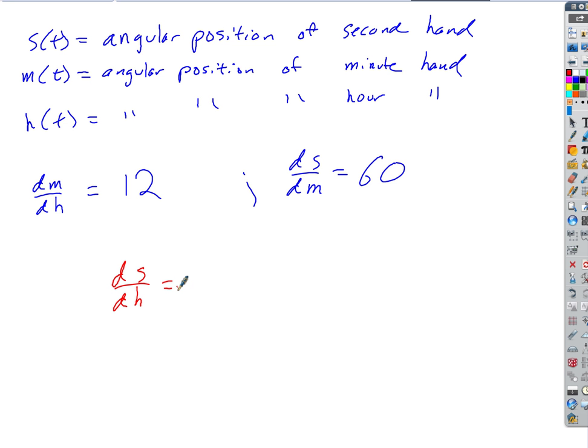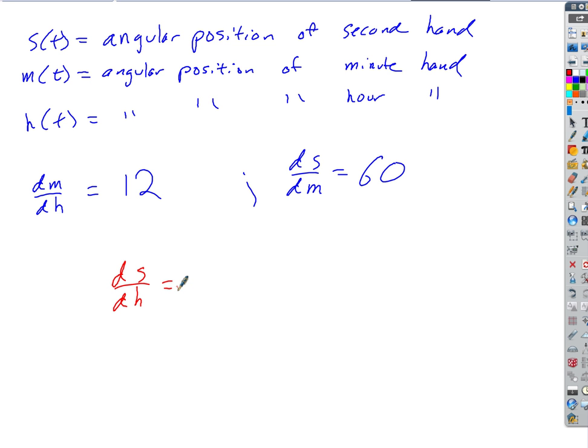Well, yeah, think about that now. If the second hand is traveling around the clock 60 times every time the minute hand goes around the clock once, and the minute hand is traveling around the clock 12 times every time the hour hand goes around the clock once, then doesn't it stand to reason that the way we would link those two rates together is by a product? We'd multiply those together, right?